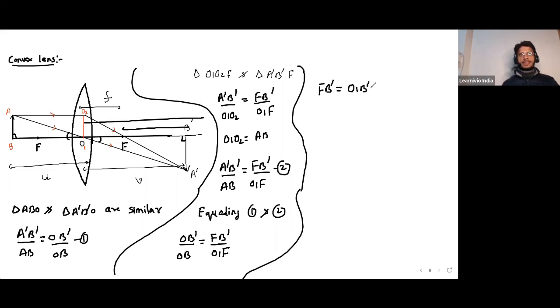Let's call the earlier equation number 3 and this one 4. If I substitute 4 in 3, what I get is OB prime divided by OB.